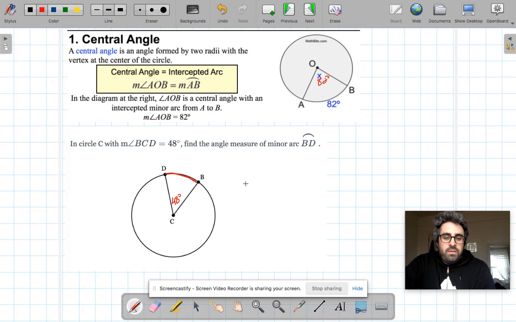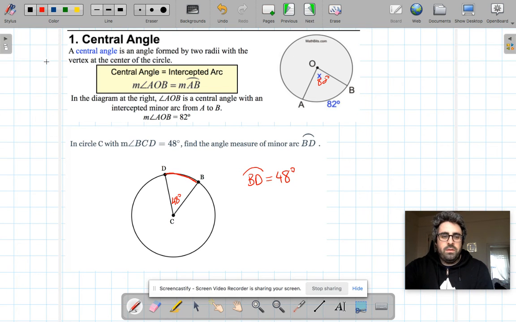So if the central angle is 48, then the measure of the arc also has to be 48 degrees. It's pretty much as simple as that. Later on, we may ask for the major arc, but in this case it's only used to find minor arcs on this particular assignment.